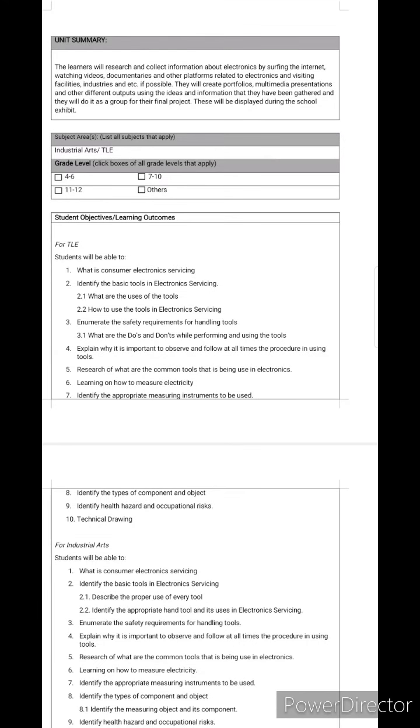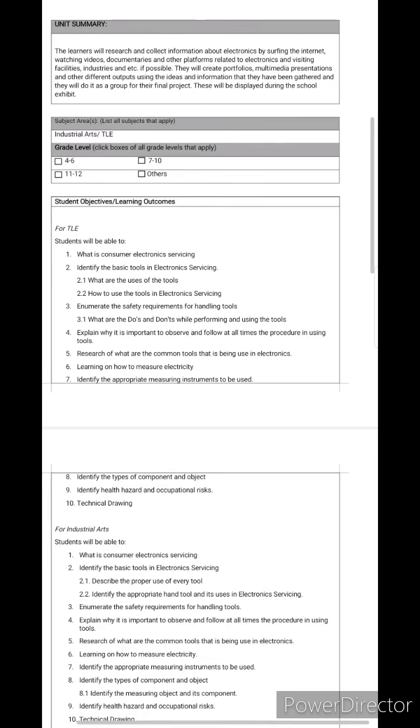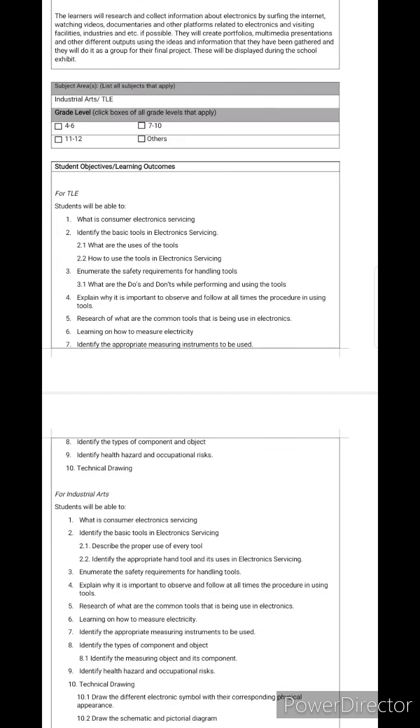Four, explain why it is important to observe and follow at all times the procedure in using tools. Five, research what are the common tools used in electronics.